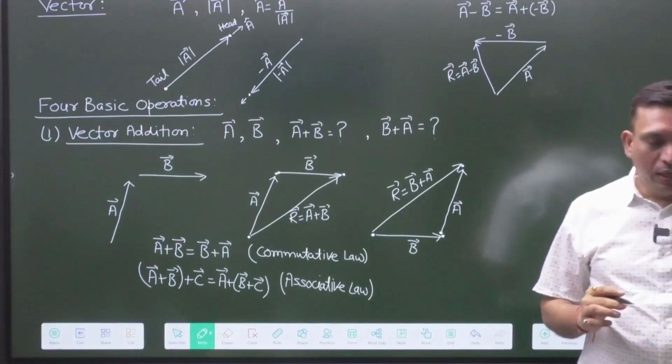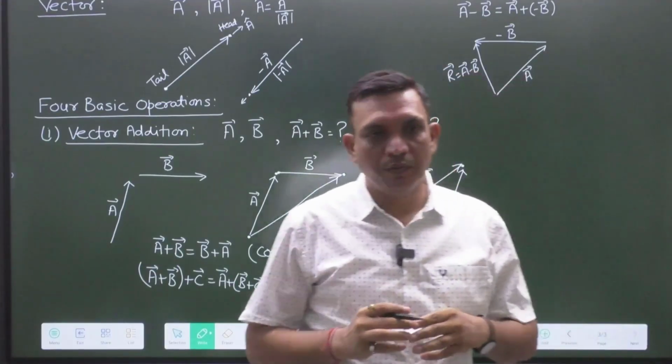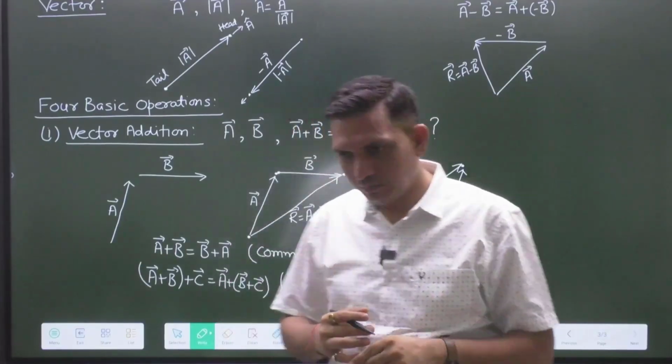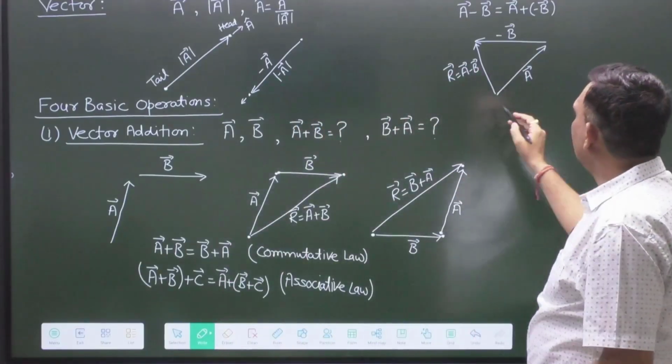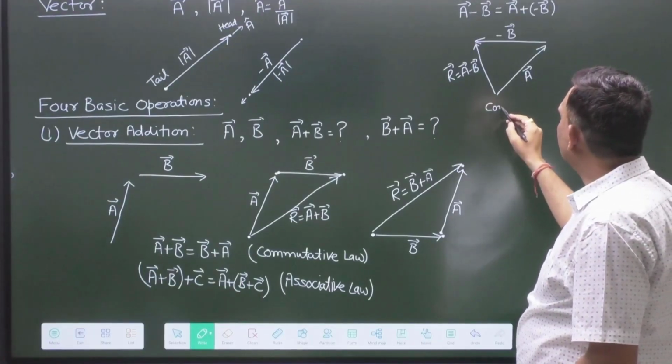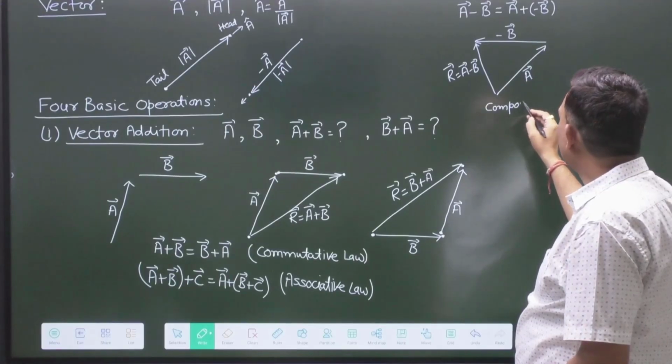But for calculation purposes, if you want to find the resultant vector, we will use the component form. Resultant in terms of component form is the easiest way.